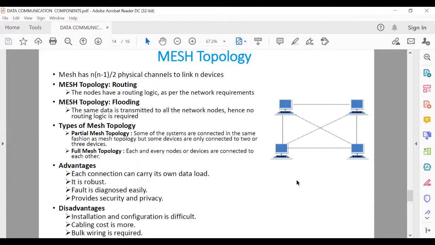Now, in case of mesh topology for routing, the nodes have a routing logic as per the network requirements, like routing logic to direct the data to reach the destination using the shortest distance, or routing logic which has information about the broken links and avoids those nodes, etc. So we can even have routing logic to reconfigure the failed nodes again. That is the advantage of having this routing technique.